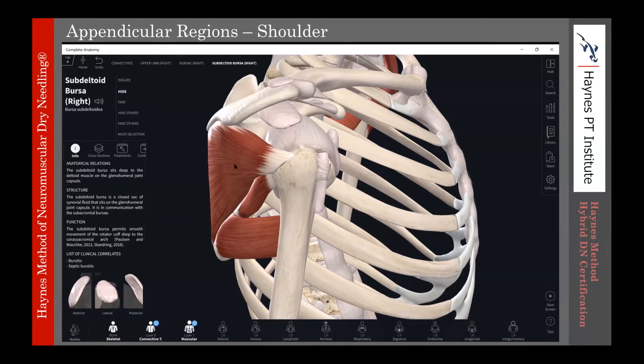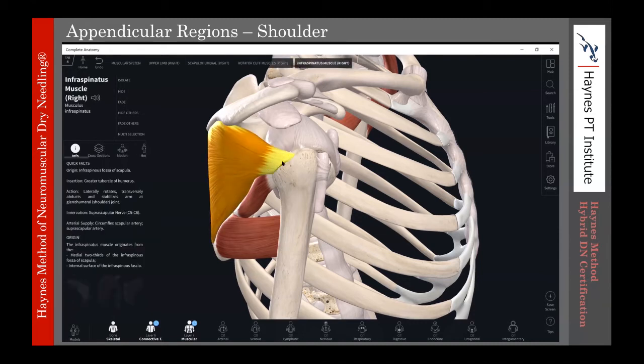With the infraspinatus, it is all on this posterior, this angled facet itself. The action is it laterally rotates and transversely abducts and stabilizes the arm at the glenohumeral joint.